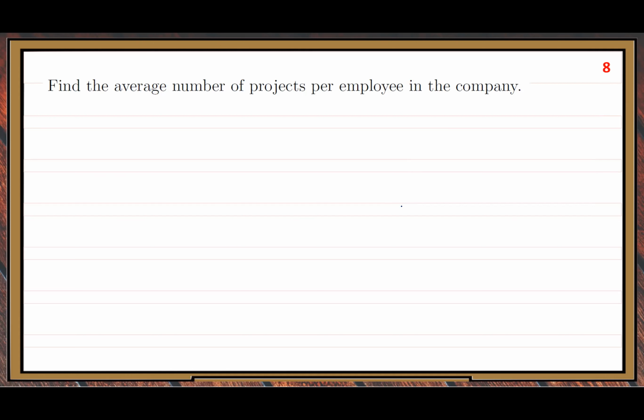Next question. Find the average of projects per employee in the company. So this example uses the aggregate function average, AVG, right? But this question is slightly different from our usual aggregate function way. Think about our usual way to apply the average function.